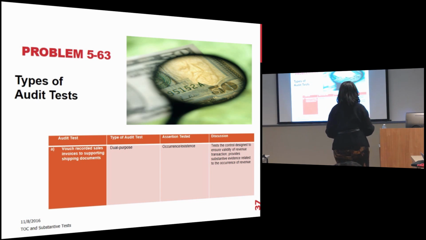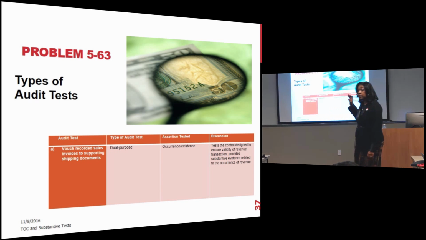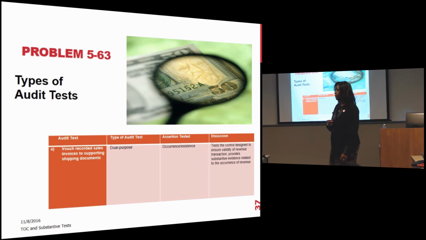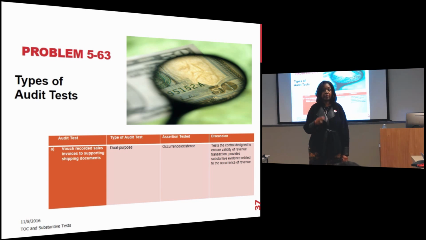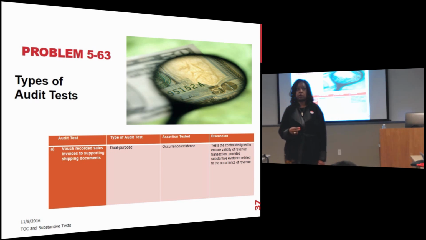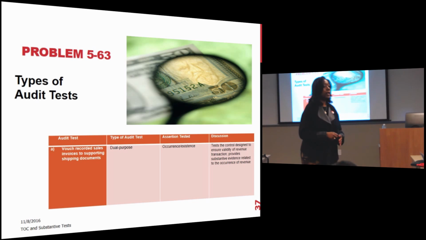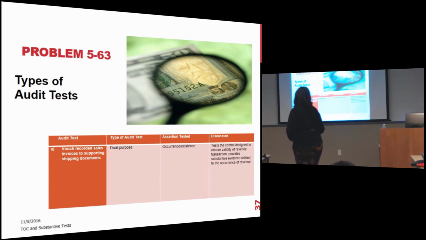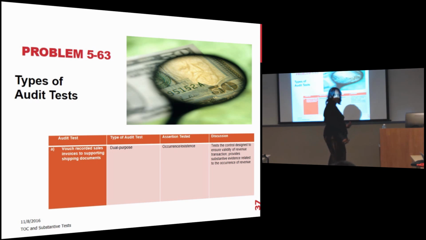It also provides evidence that the sale occurred, so it provides evidence about the amount reported in the revenue account. That's called a dual purpose test. When you're looking at an audit procedure, you have to ask yourself, what will I know when I perform this audit procedure? What will I have evidence about?